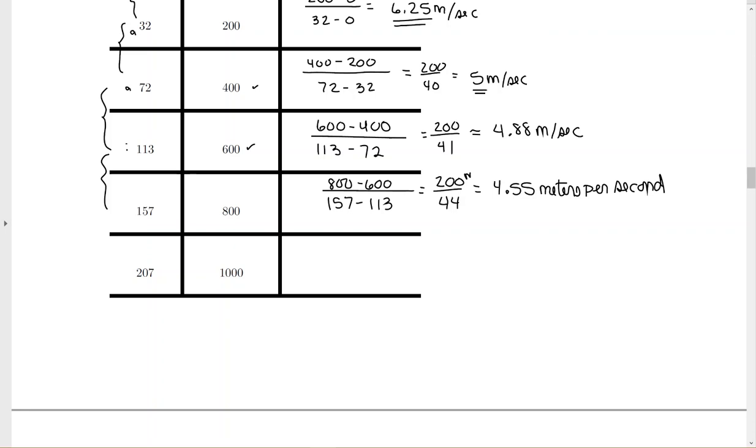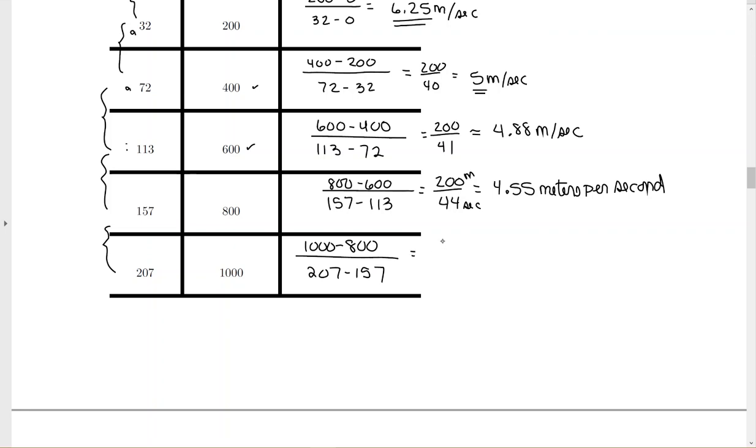But it's meters on top, seconds on the bottom. So when you do the division, it's now that number of meters per 1 second. And then the last two here, F of B minus F of A divided by 207 minus 157.